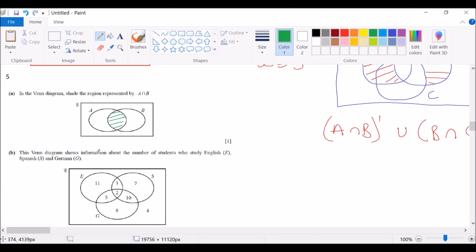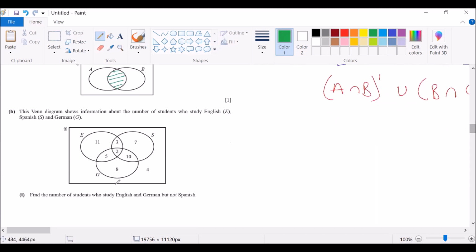This Venn diagram shows information about the number of students who study English, Spanish, and German. Find the number of students who study English and German, but not Spanish. English and German, that is an intersection, but not Spanish. That is a complement.